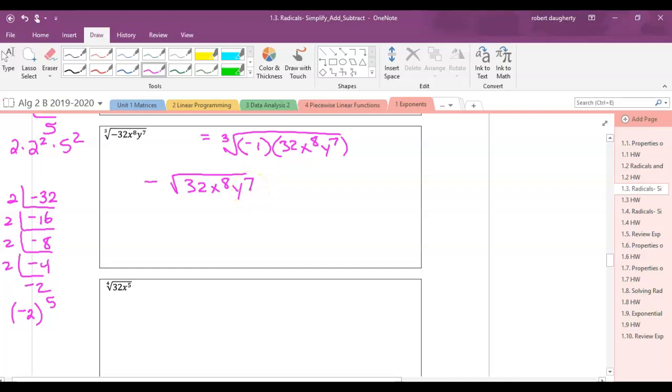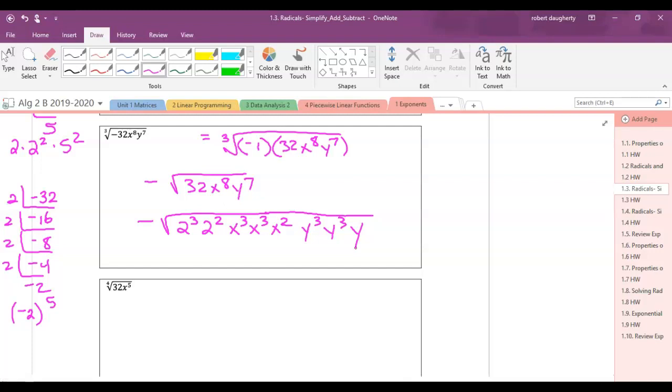Okay, so we know that 32 is going to be 2 to the 5th. So I'm going to have 2 cubed times 2 squared, and then x cubed, x squared, and then y cubed, y. Okay, that's x to the 8th, y to the 7th.